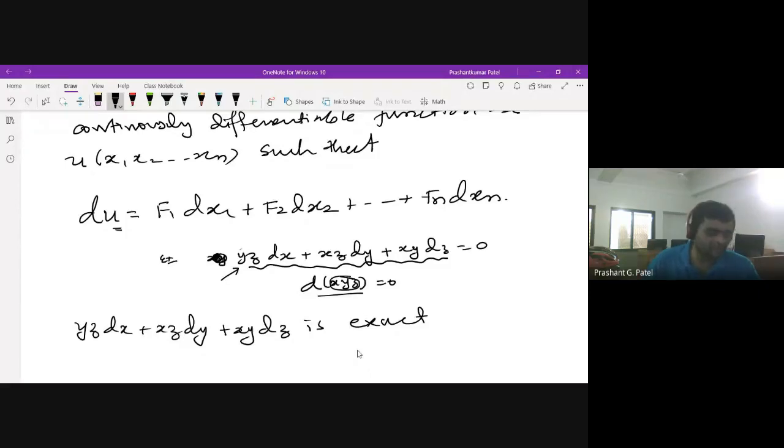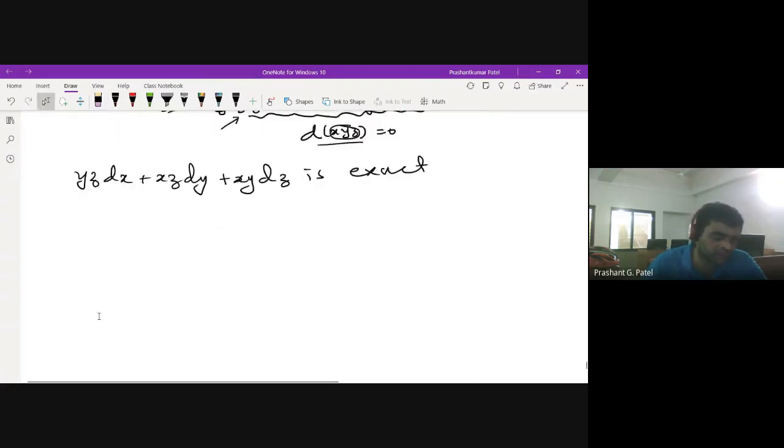The next definition is integrable. When can we say a Pfaffian differential equation is integrable?